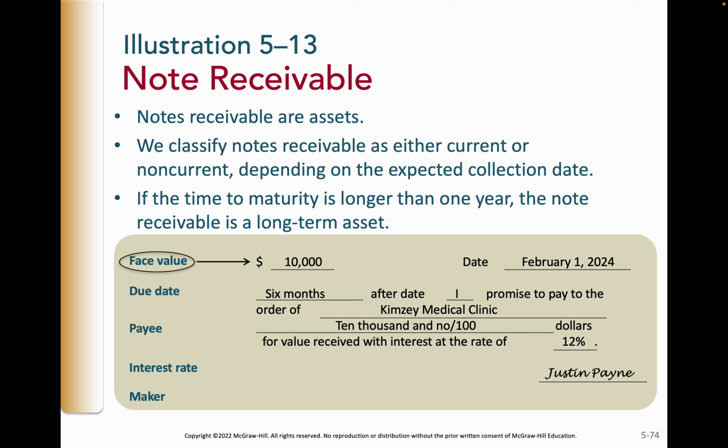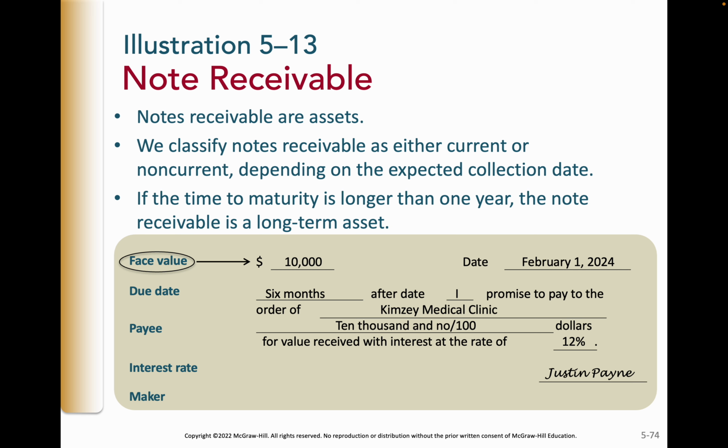Over the next 6 months, I'm going to work on trying to collect this money so that in 6 months, I can pay you the full $10,000. And the medical clinic is essentially saying, yes, that's fine, but we're going to charge you interest. And they should, right? If you're extending somebody extra time to pay, you should charge them interest. Often the interest rate is higher for things like this.